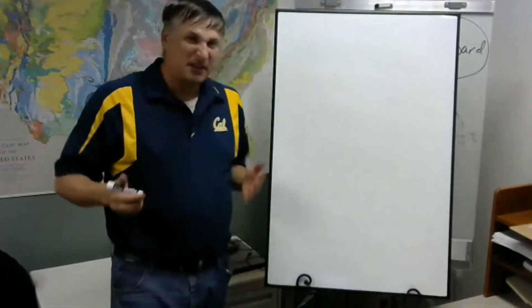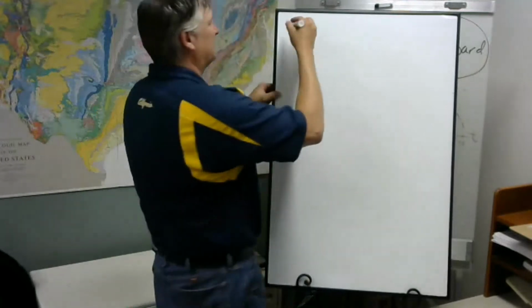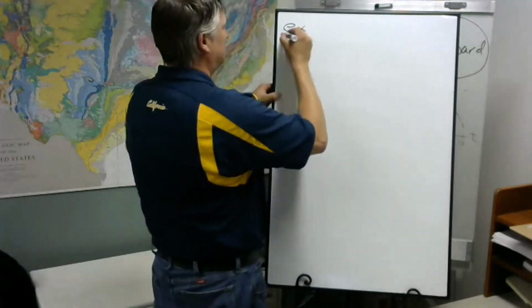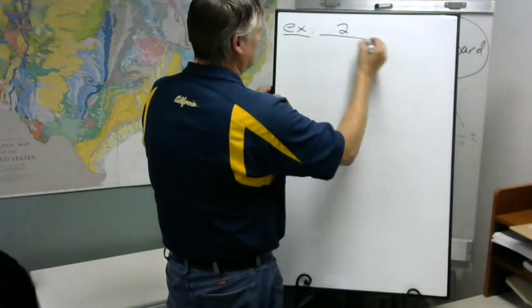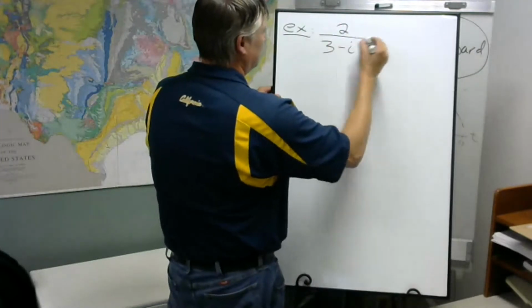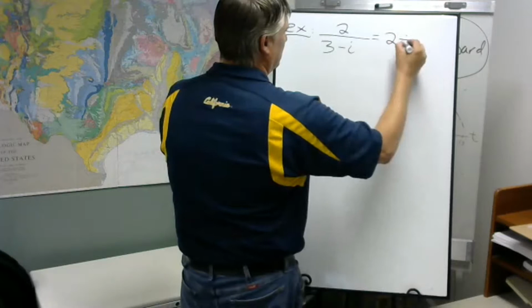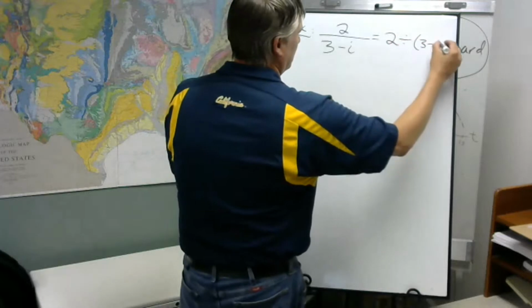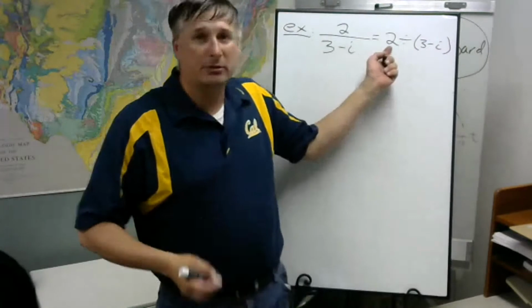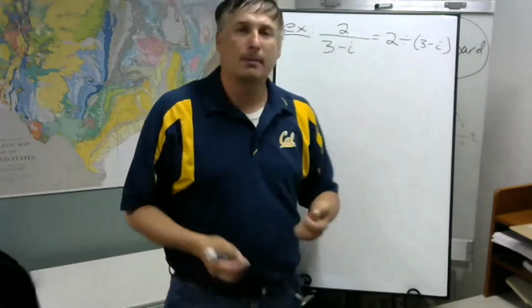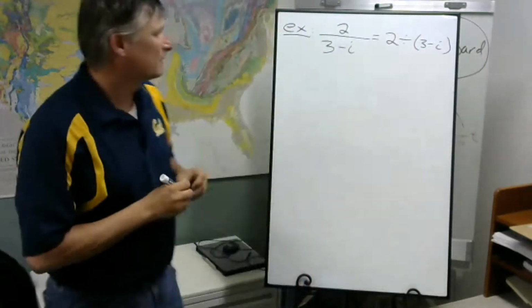So division. The thing with division, we gotta be a little careful with this one. So what we're doing here, we're taking the purely real number 2 and dividing it by the complex number 3 minus i.